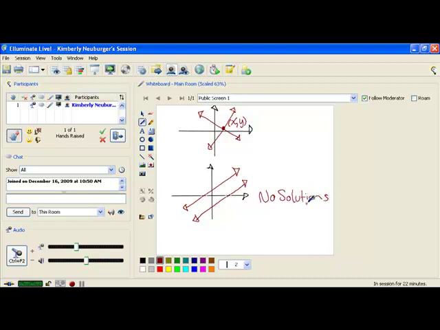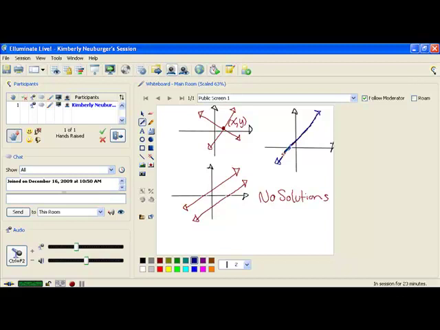Now, the other situation that may happen is you may have a coordinate plane. We're going to put it over here. And you graph your first line, which I'll do in red, and it lands right here. Then you go to graph the second line, which I'll do in blue, and it lands right here. And you'll notice that both lines are in the same exact spot.